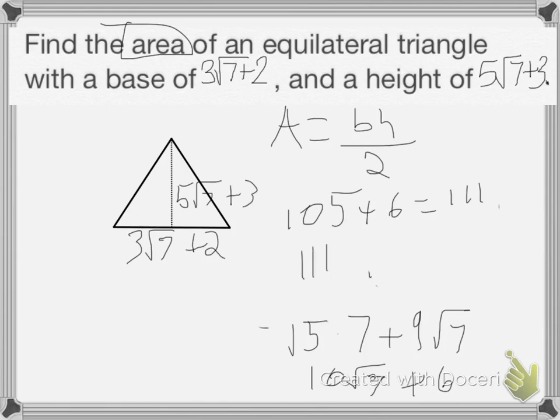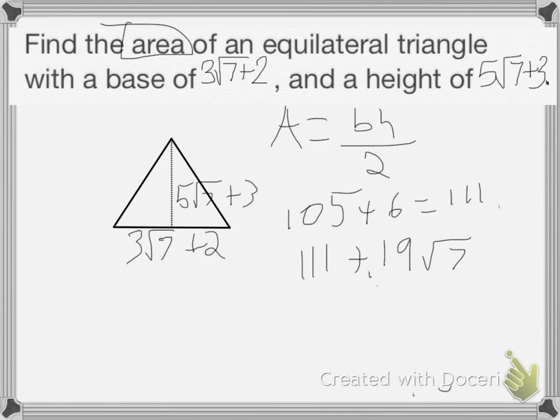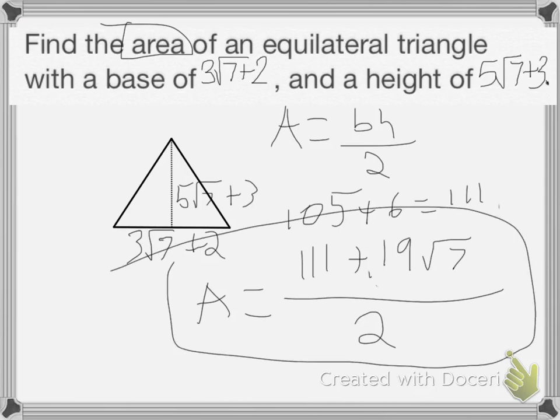So 111 plus, and then 9 plus 10 would be 19. So 19 square root of 7. And then you divide that by 2. And then you can't go any farther, so that would be your final answer. And there's your area.